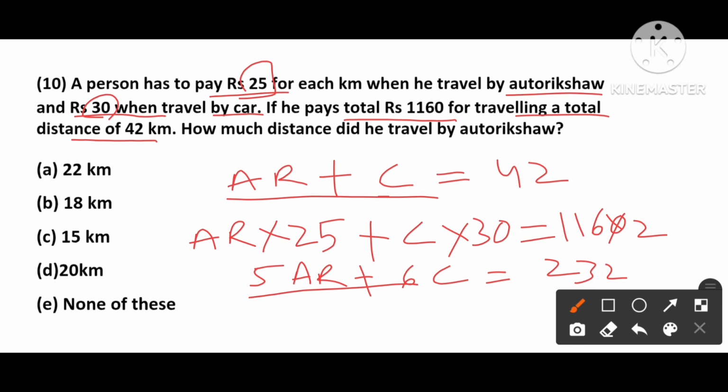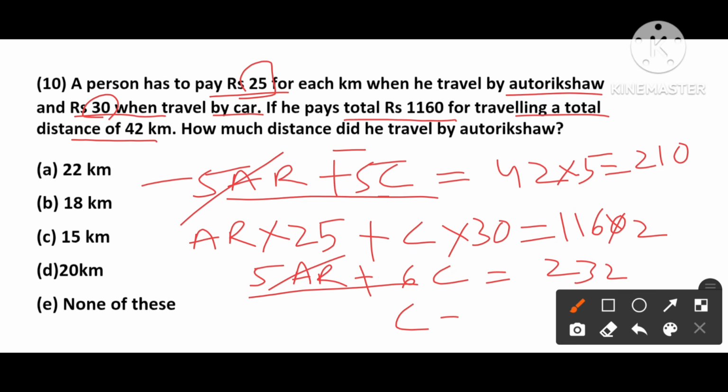Solving these two equations, we can write this as 5AR plus 5CR, into 5 means 210. So from these two, if we eliminate, subtracting this equation from the second one, eliminating these two, we have C equals 232 minus 210, which will be 22. So the car travels 22 kilometers.